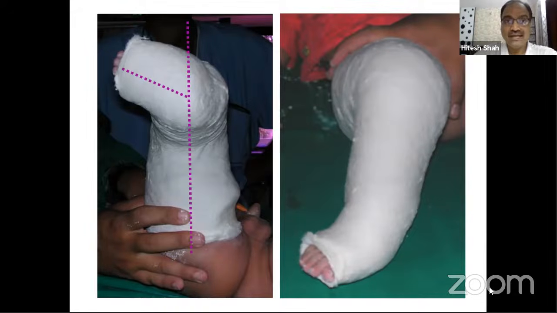Manipulation is followed by casting, and casting should be done to maintain the correction. The soft tissue stretch achieved by the manipulation is maintained by the plaster. In the plaster technique, our hand should not put pressure on the head of talus.